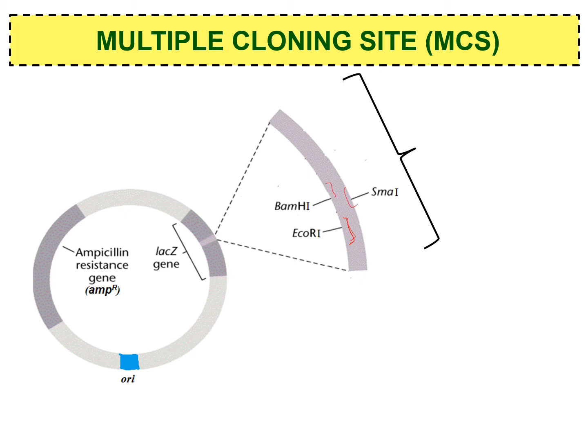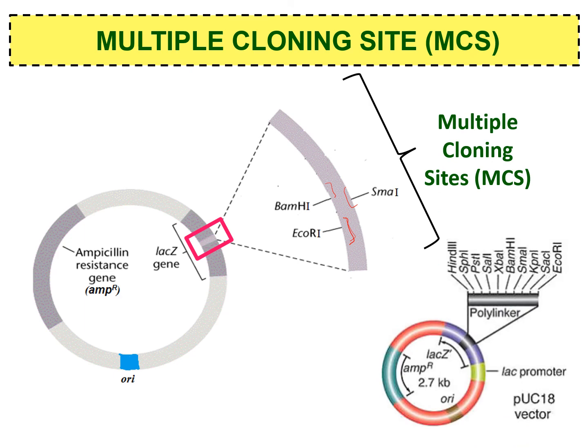SmaI, it cuts here. There are a few more. There are numerous restriction enzymes that we remember: EcoRI, BamHI, SmaI, HindIII, SV. This one I don't know how to pronounce it.